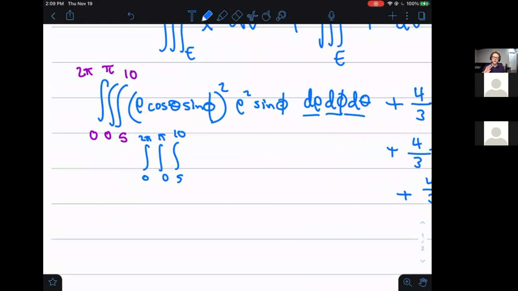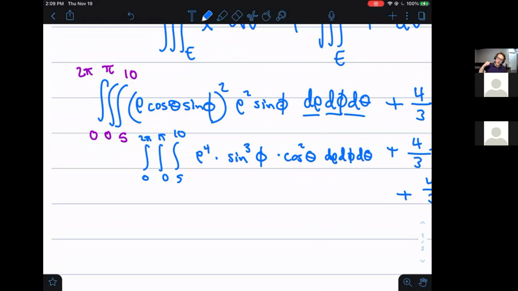Notice we have a total of 4 rhos, so we're going to have rho to the 4th times, if we collect all of our phi stuff, sine cubed of phi. And if you collect all of your theta stuff, you're going to have cosine squared of theta, and then d rho, d phi, d theta.